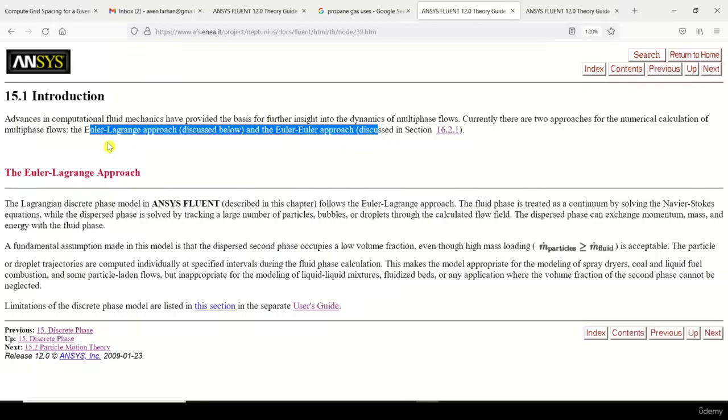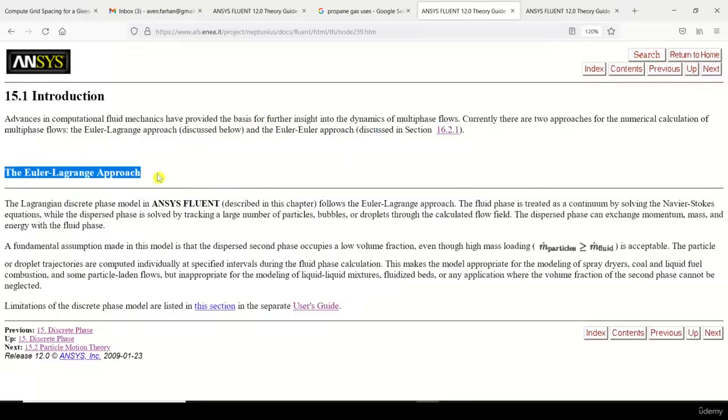So we have these two approaches which are standard for performing the numerical calculations. Clear? So the DPM, or the discrete phase model, adopts the Euler-Lagrange approach.